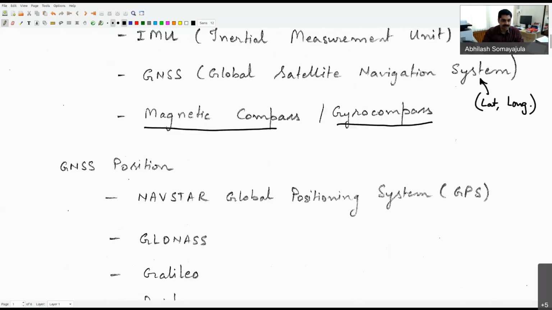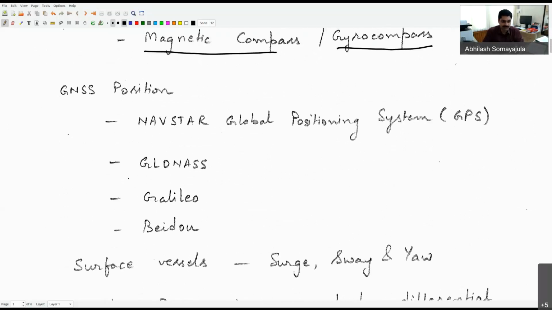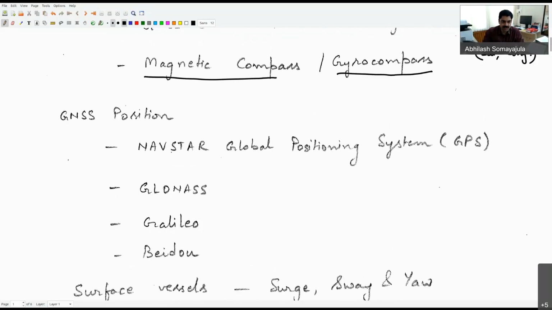Okay, typically GNSS positioning systems can be classified into 4 different constellations. The first one to come up was the Navstar Global Positioning System, or GPS, and that has colloquially become the name today for GPS systems.